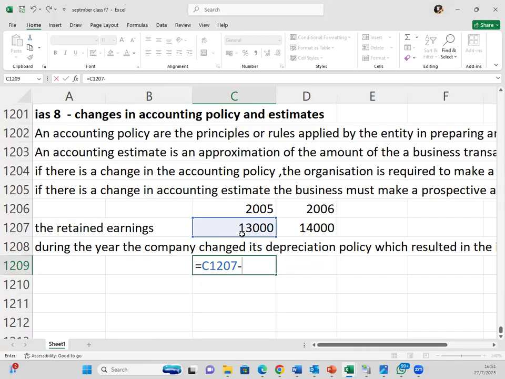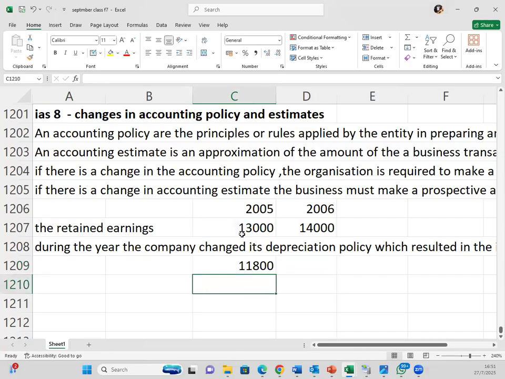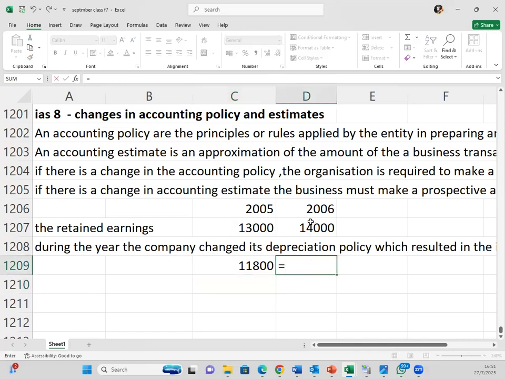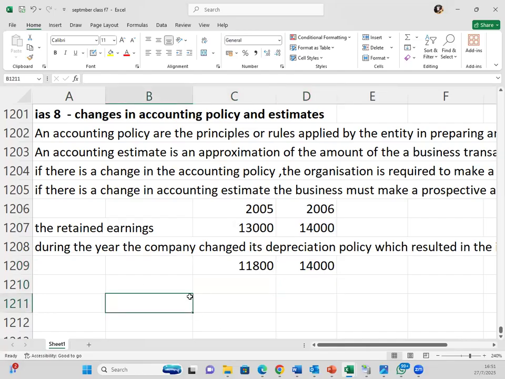So if there's been a change in the policy, we adjust the opening balance so that they can be comparable. So that's just with IAS 8. If the change is a change in policy, you need to adjust the prior financial statement.